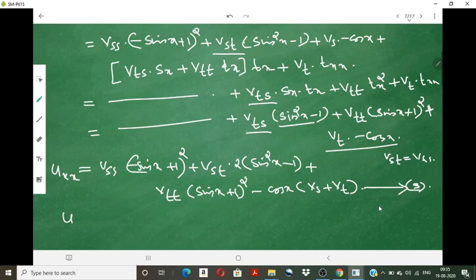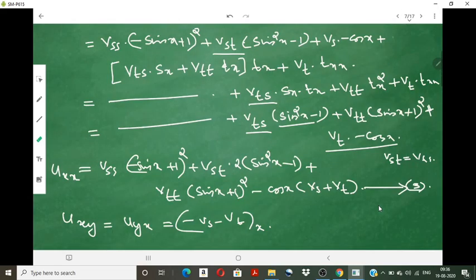Now we have to find Uxy and Uyy. Uxy is the same as Uyx, which is the derivative of Uy in its simple form. So Uy is minus Vs minus Vt, and we have to find the derivative with respect to x.